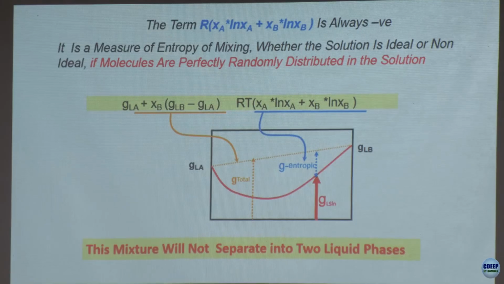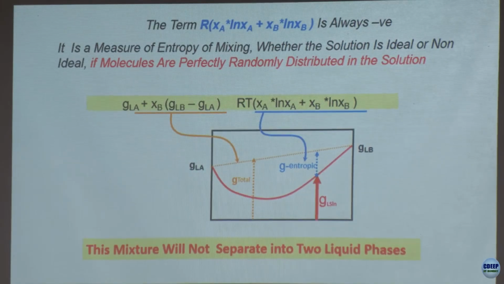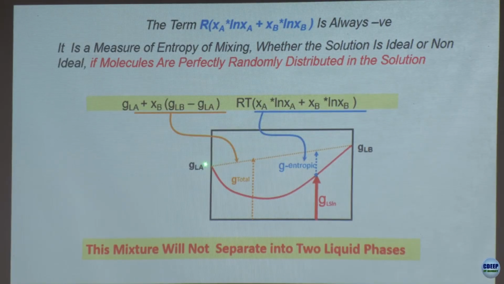Fine. So this contribution is considered to be entropic, and this mixture will not separate into two liquid phases, because if you mix A and B at any particular value of A or B, the mixed system will have Gibbs free energy which is lower than this particular state, which is unmixed A and B, right?